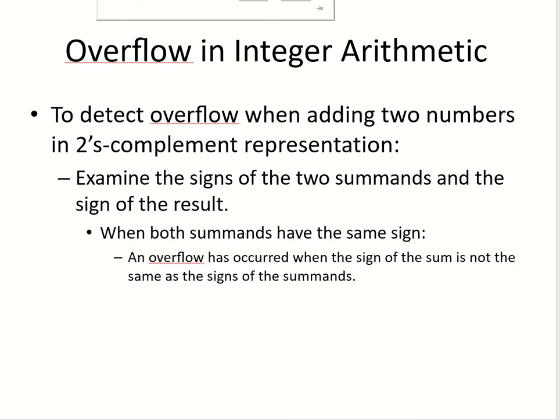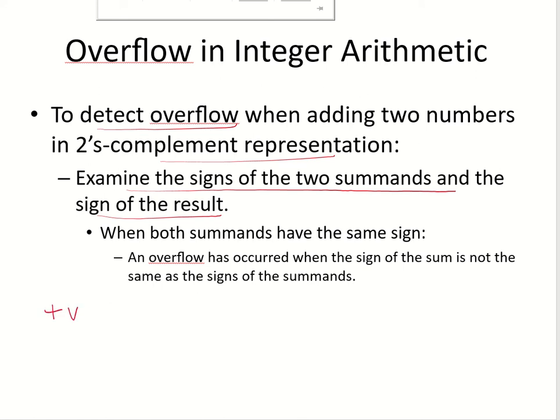If I'm using 2's complement representation and I want to detect overflow, I will examine the signs of the 2 summands and then I will check the sign of the result. Overflow can happen only if the sign of the 2 summands is the same. If one number is positive and the other is negative, then overflow will not happen. Overflow will happen only when both the numbers are positive or both are negative.